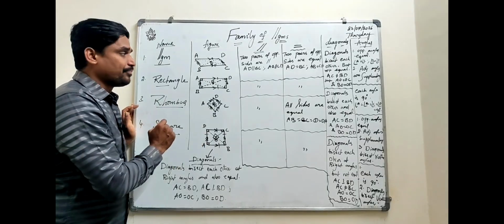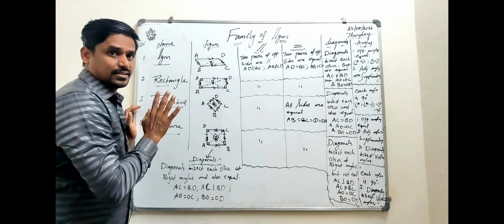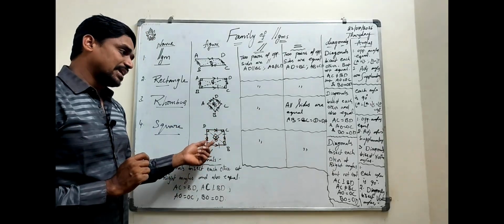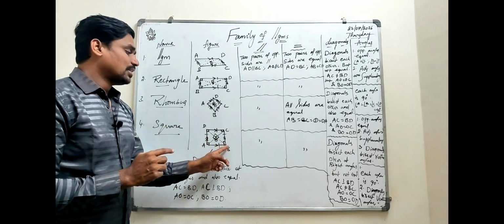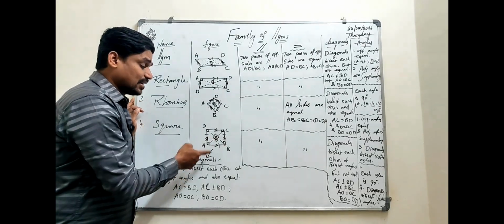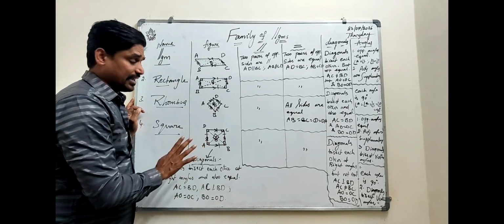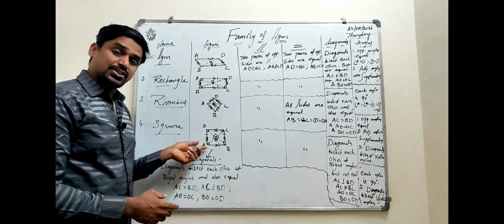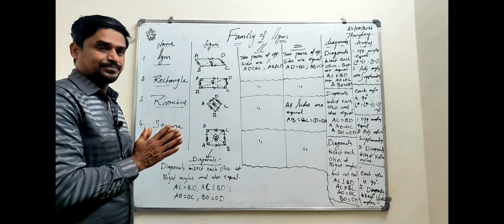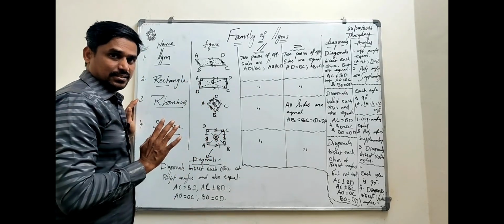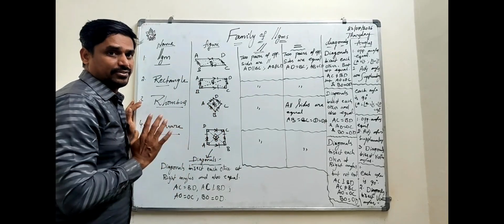Next, in square, each angle is 90 and diagonals bisect at 90 degrees, and also bisect each angle. Since each angle is 90, when the diagonal bisects, it bisects as 45-45. But in rhombus, we are not sure it is 45-45; it can be any. If it is 60, it will bisect as 30-30. But in square, always 45-45.